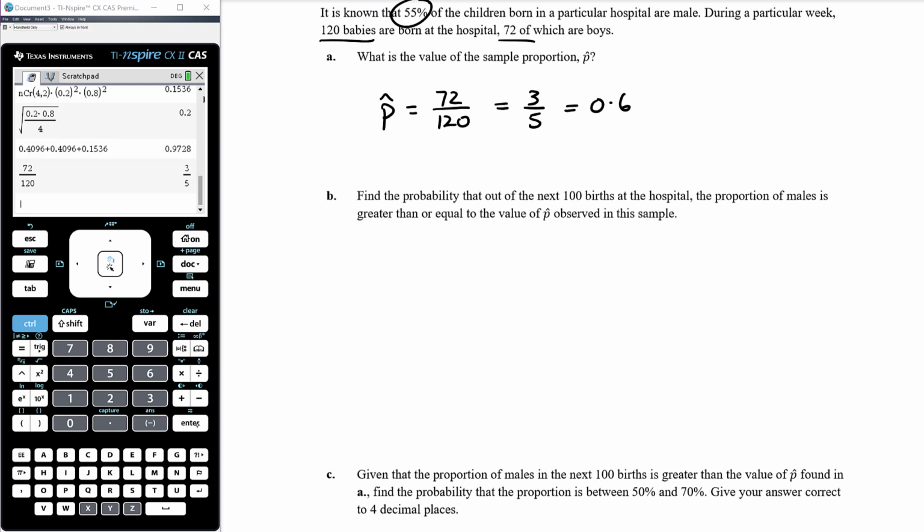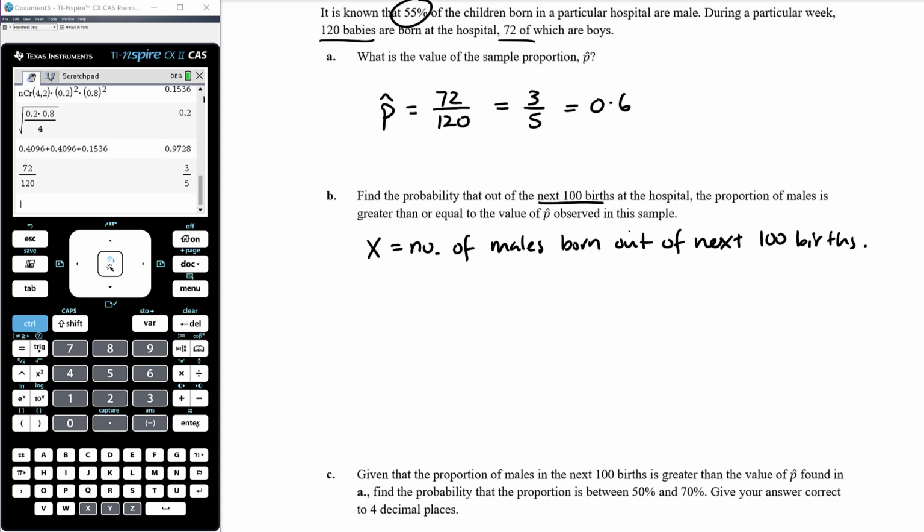Find the probability that out of the next 100 births at the hospital, the proportion of males is greater than or equal to the value of p hat observed in this sample. So we need to set up a binomial variable here. X is the number of males born out of the next 100 births, so x could be 0 to 100.